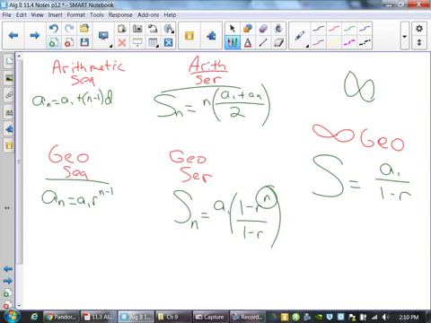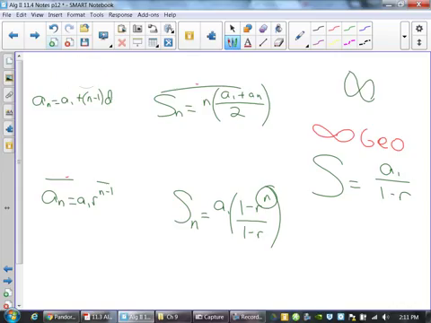Now, can you identify which one is which in a list of formulas? When it comes to the test portion, I will have all of them written down. You just don't know which one it is, because I'm not going to have them labeled. But at least you'll have the correct formula written down on paper to use.